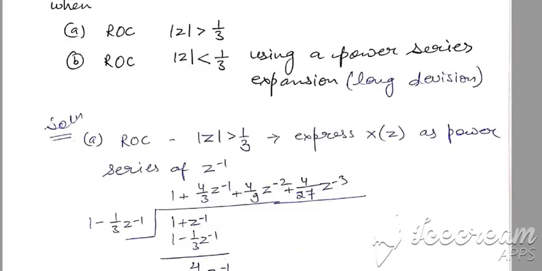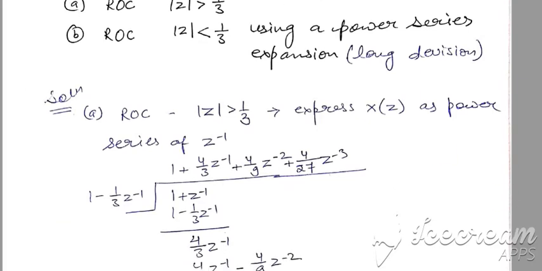As we know, when the ROC is outside of the unit circle, then the series is in the form of z^-1. So we will start here with the long division method.